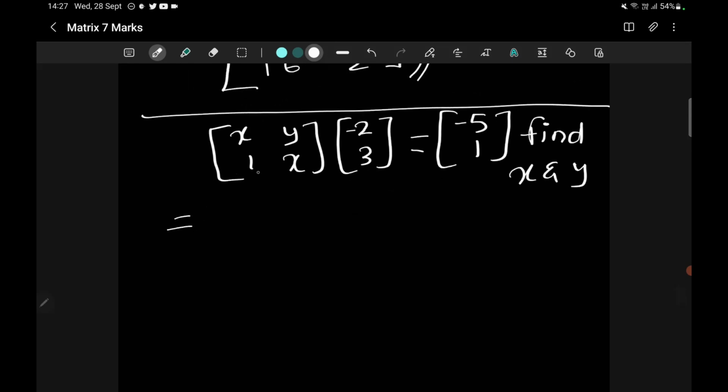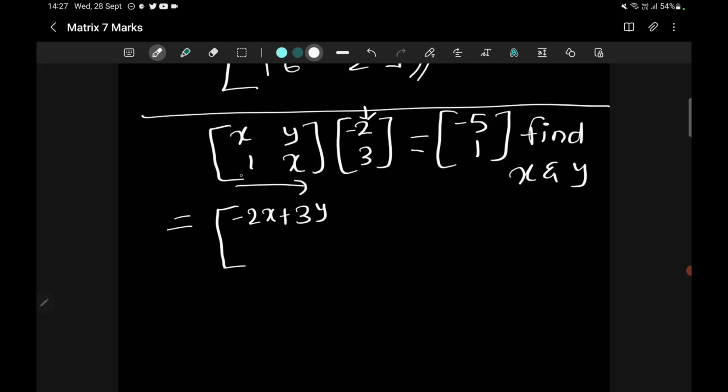For this, what we have to do is multiply this matrix with this matrix, rows with columns. x times -2 is -2x plus 3y.